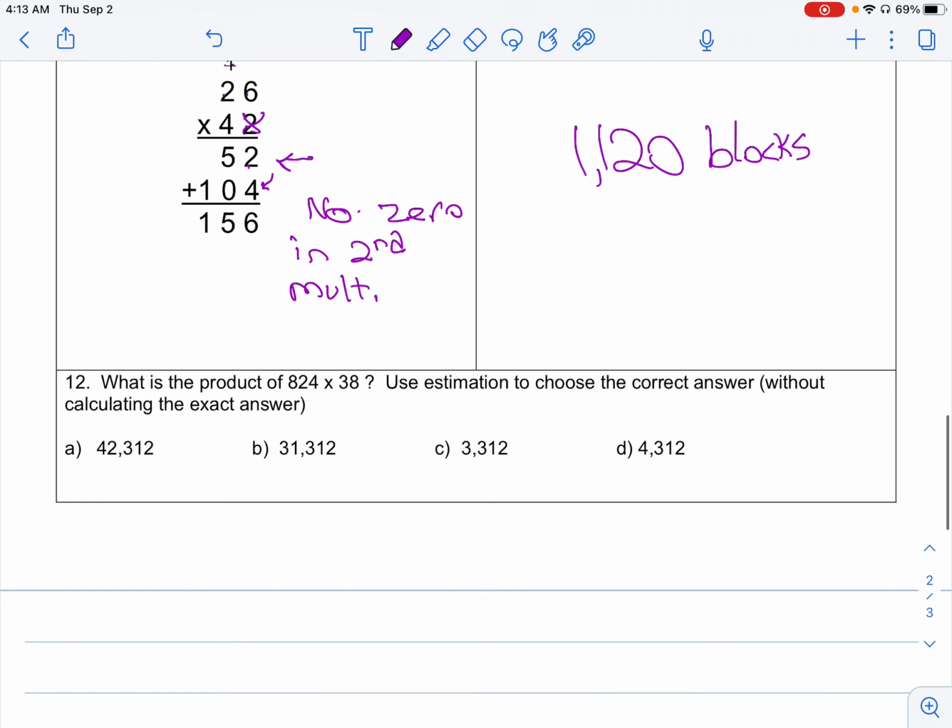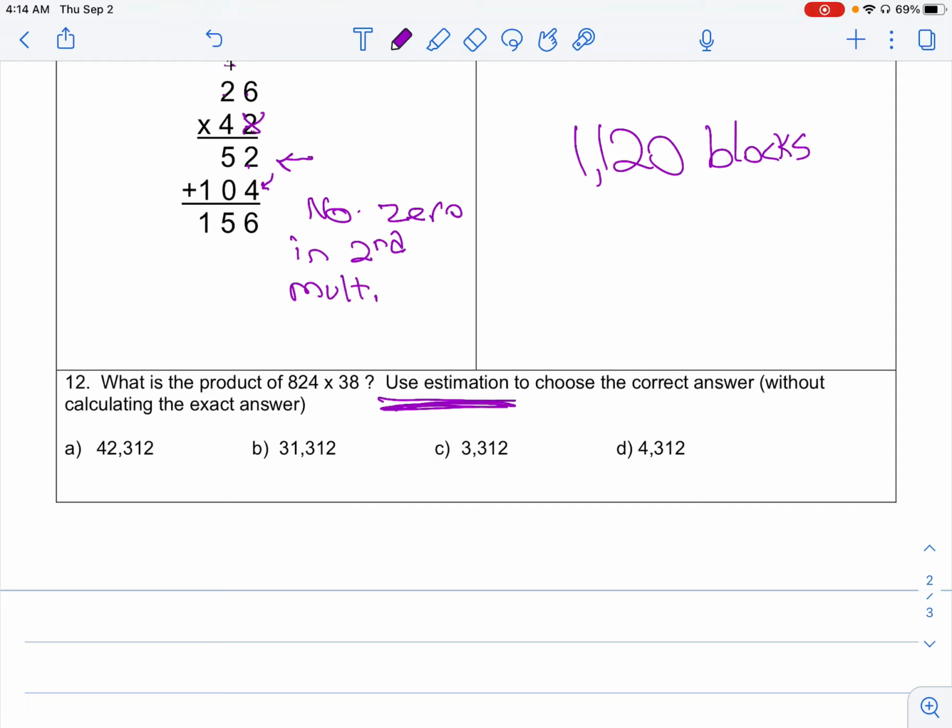And the last one, it says, what is the product of 824 times 38? And if you just read that far, you probably did a whole lot to answer this question, but you didn't need to, because if you keep reading, it says use estimation to choose the correct answer without calculating the actual answer.